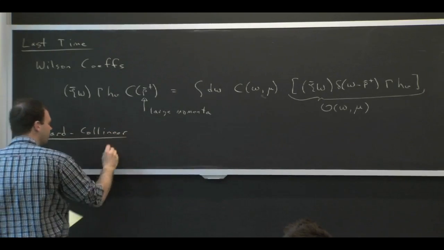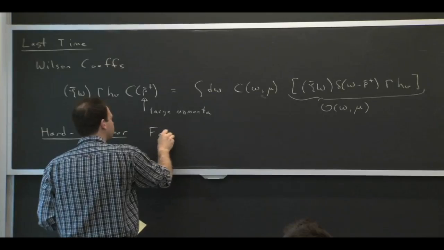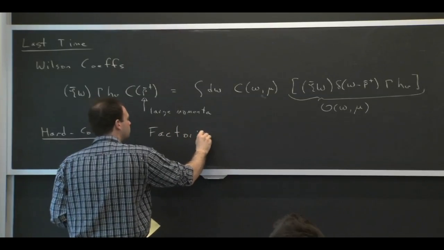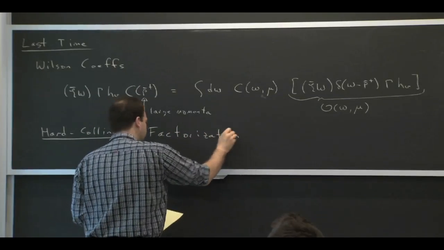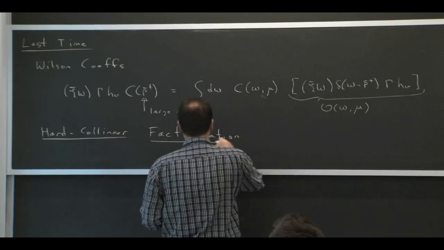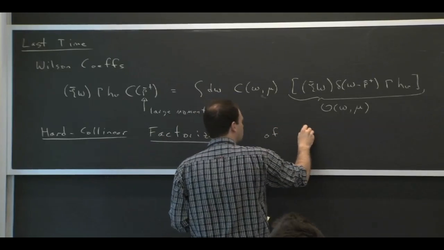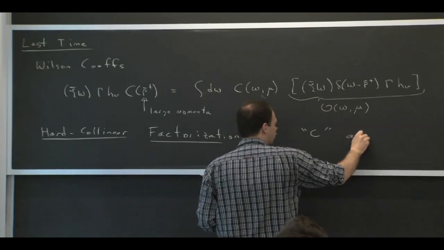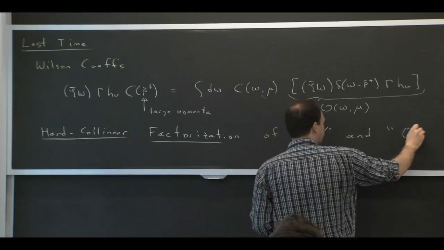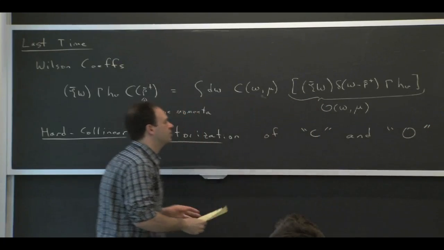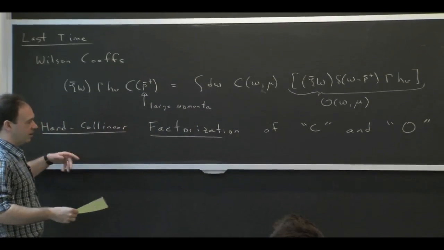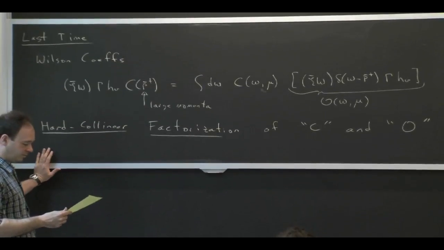So this is hard collinear factorization. And it just comes out in a natural, standard way in this effective theory because we've set up the effective theory to have the right low energy degrees of freedom.